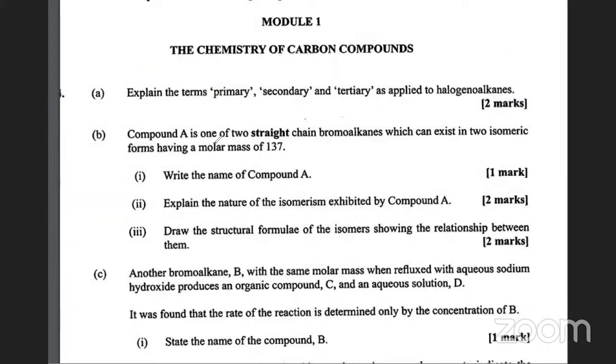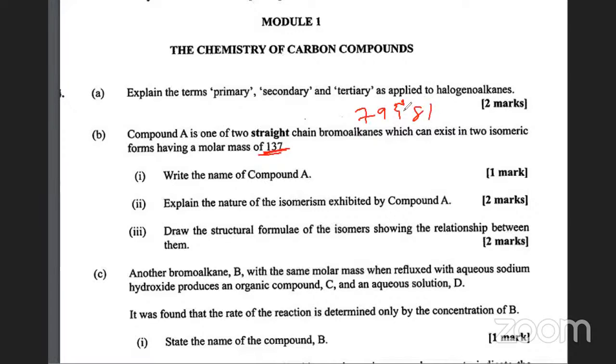Compound A is one of two straight chain bromoalkanes, which can exist in two isomeric forms, having a molar mass of 137. Bromine has isotopes of mass 79 and 81.